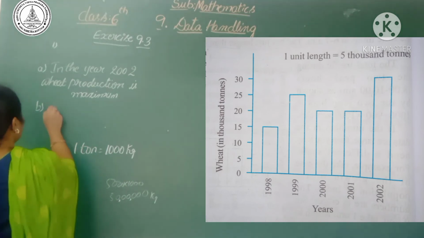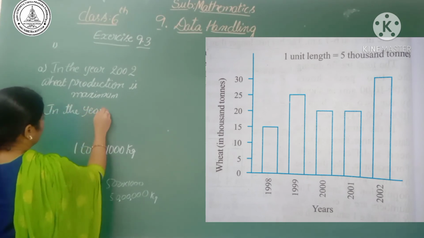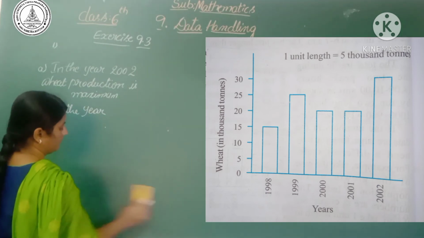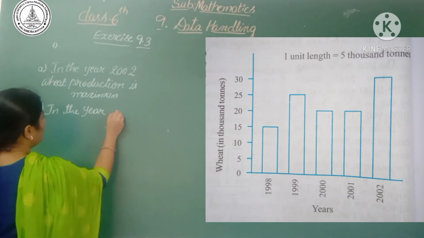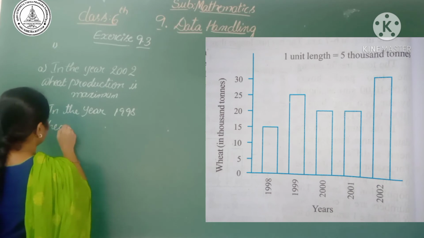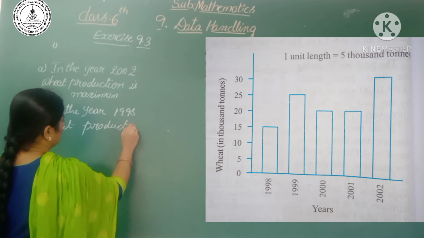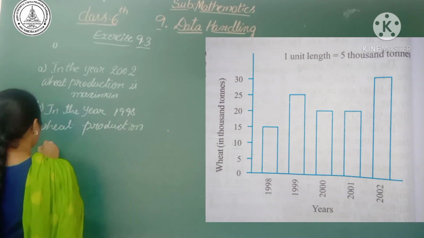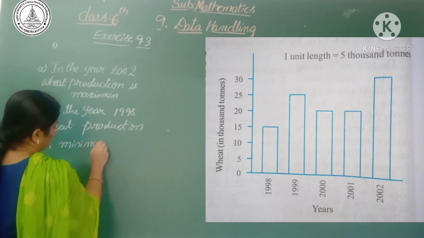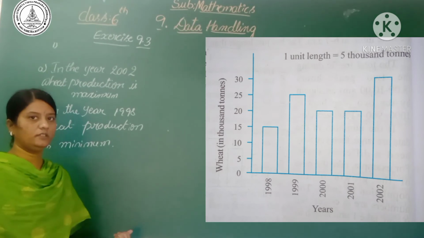So write down here, in the year 1998 wheat production is minimum. Okay, yes. Is it clear?